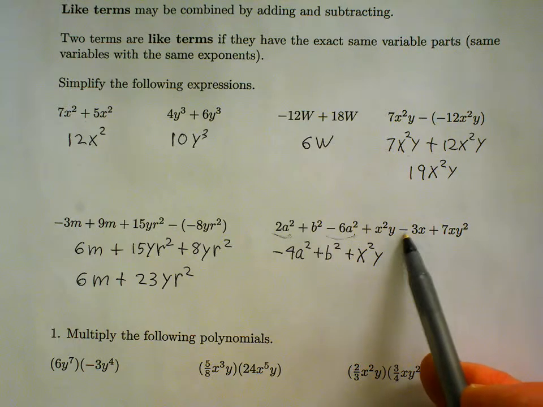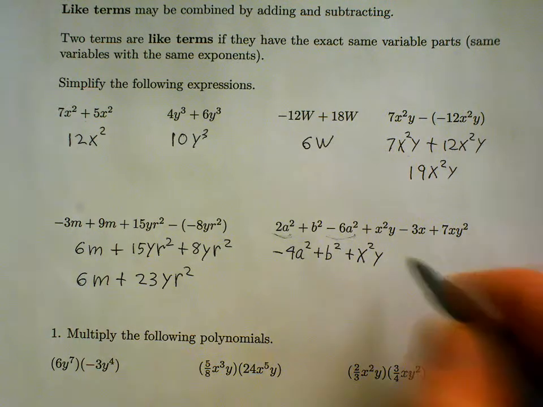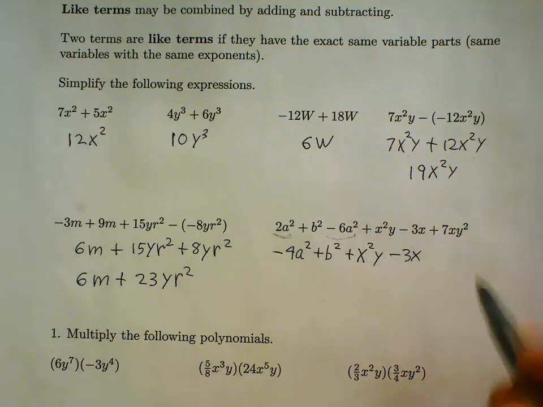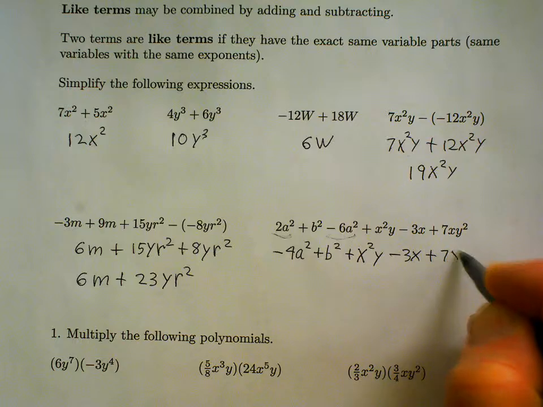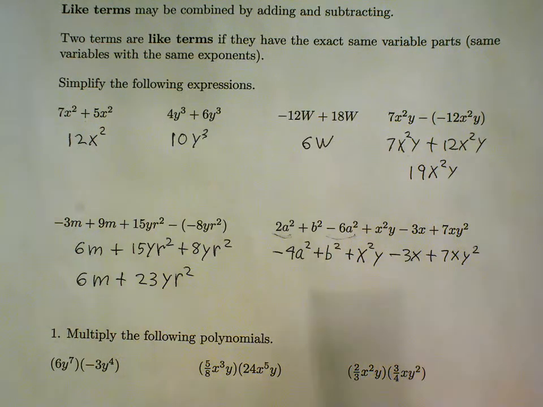There's no other term that's a like term with minus 3x. We have minus 3x, and then plus 7xy to the second. That is as far as we can go to simplify that. So we're done with that one.